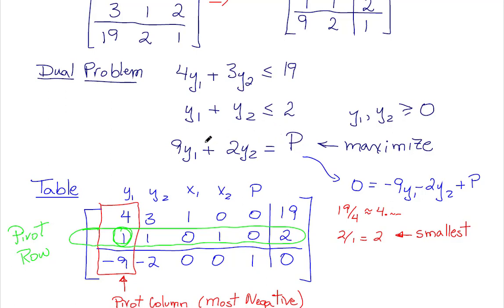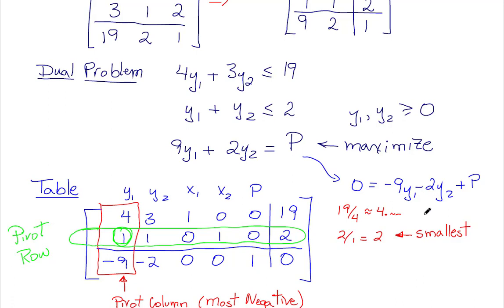So bring the y1 and y2 to the right. Okay, so here's the 0, goes right there. 1 for P in the P column. There's no x1 and x2, but I do have a minus 9 and a minus 2.